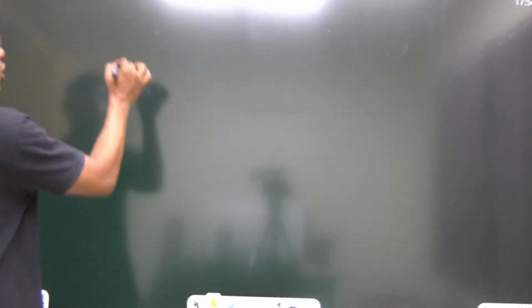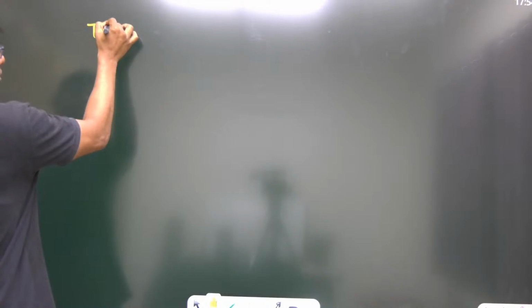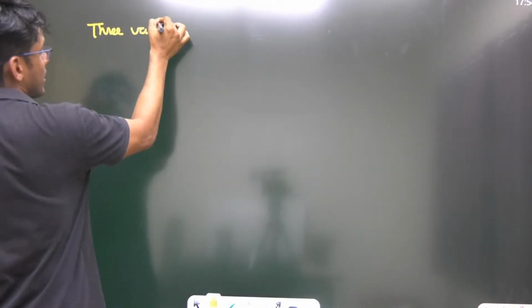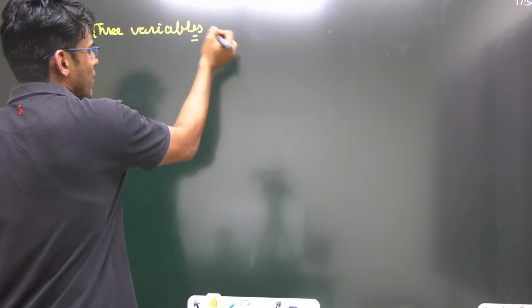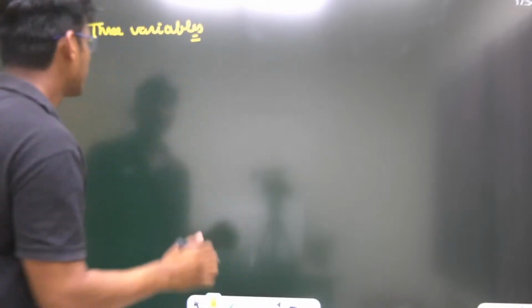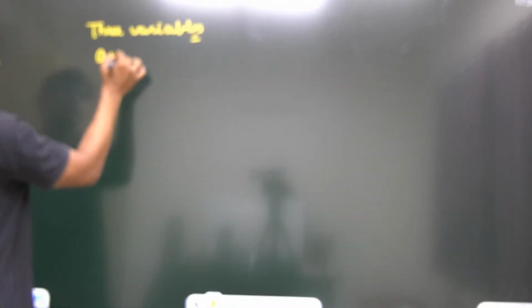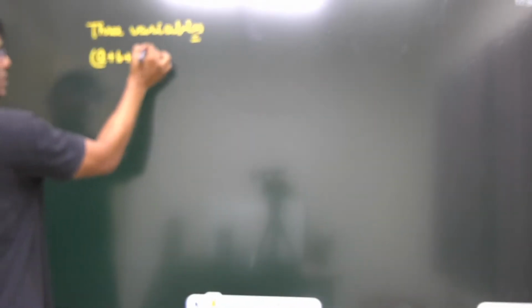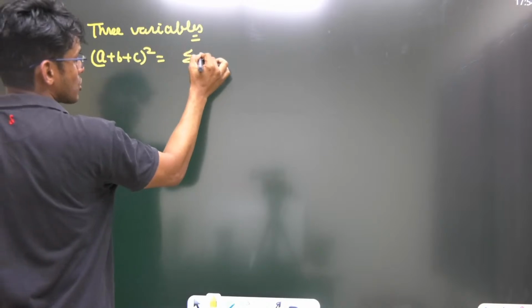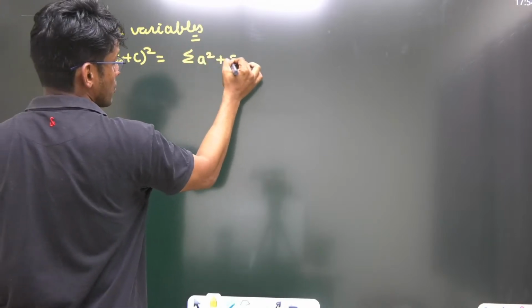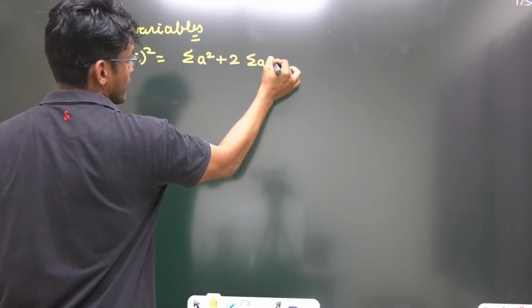Now, let's talk about three variables identities. There are very few of them which we need to remember. A plus B plus C whole square. This is sigma A square. Now I am introducing a new terminology.